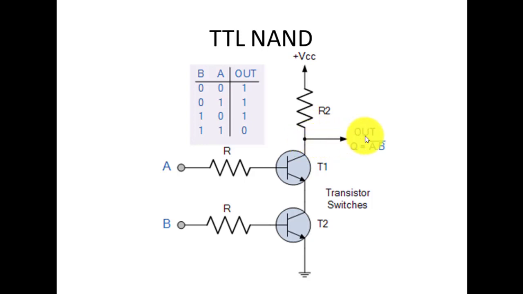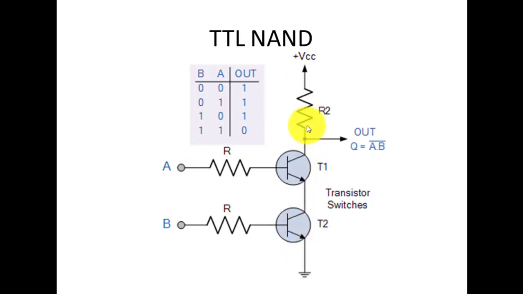So again you are watching that VCC will flow through both of these transistors, and if both of the transistors are at logic high, then the output will be 0, because in that case the current will flow to the ground.